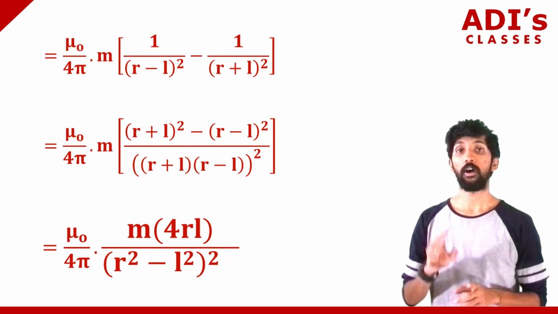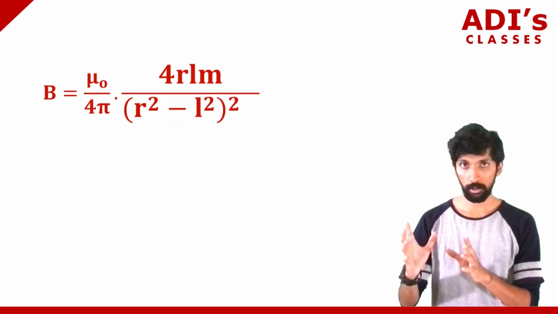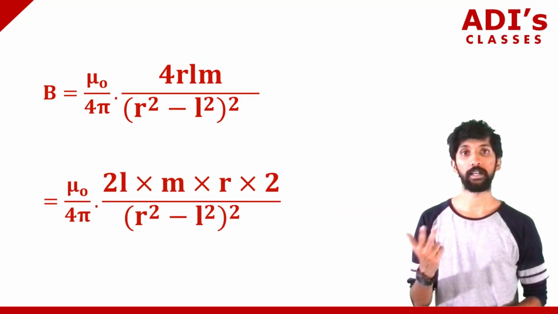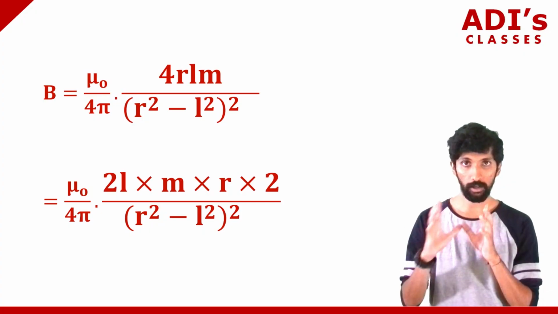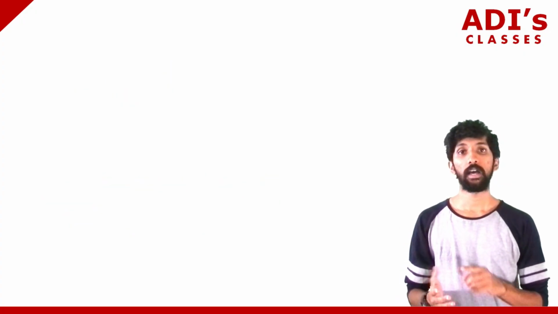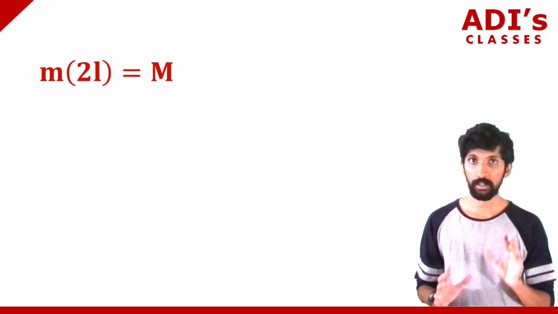In the numerator you have 4rlm. Now we'll split it as 2l into m into r into 2. If you look at this, magnetic moment is given by m into 2l, so you substitute that here.